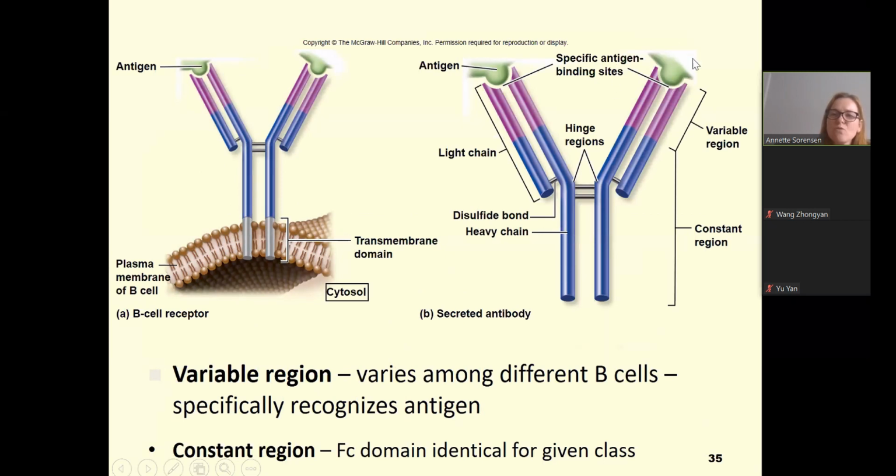That's where you get the specificity of the antibody, because it only allows a very specific antigen to bind to the antibody or to the receptor. The only real difference between the receptor and the secreted antibody is, as I said previously, the transmembrane domain down here, because the receptor is inserted into the plasma membrane of the B cell.